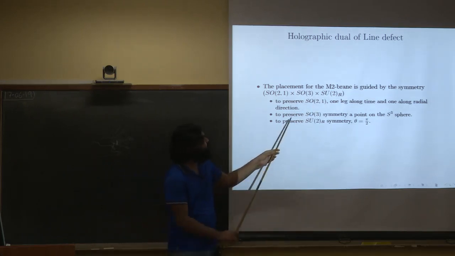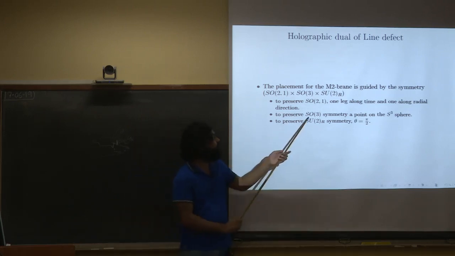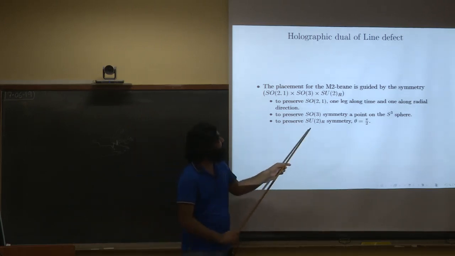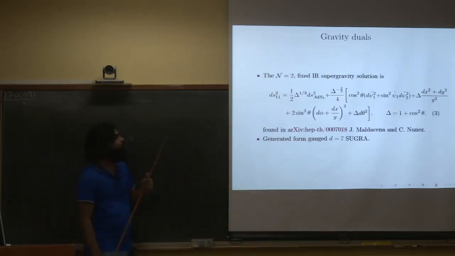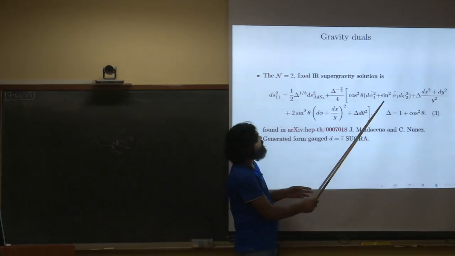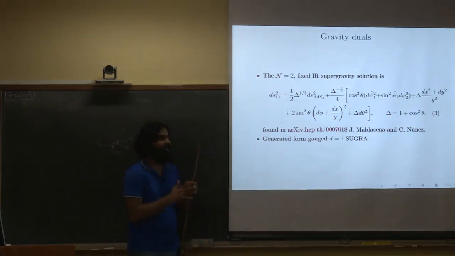To preserve the SO3 symmetry, we arrange the M2 brane at a point of the S3 in AdS5. And to preserve the SU2R symmetry, we place the brane at theta equals pi by 2, where this sphere shrinks to a point. In that way, the displacement doesn't break the SU2R symmetry, which was supposed to be preserved.